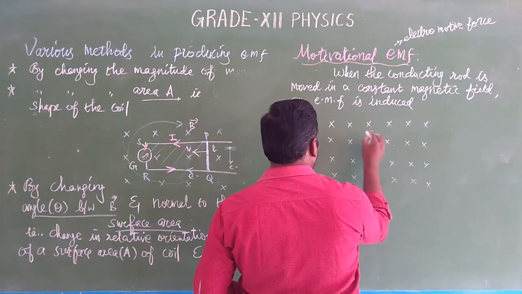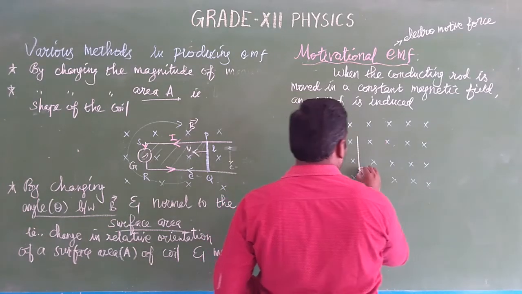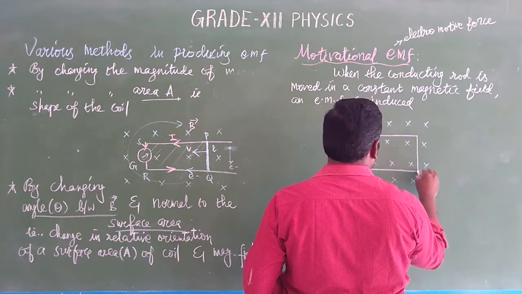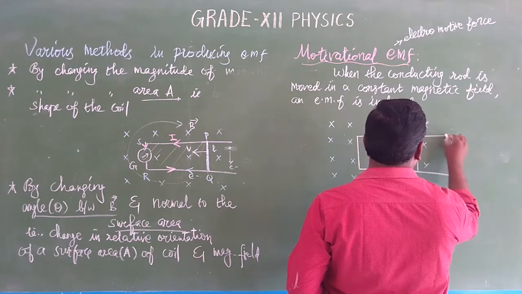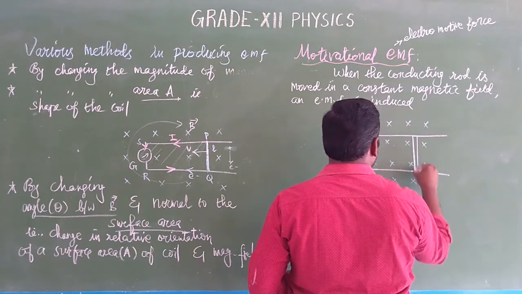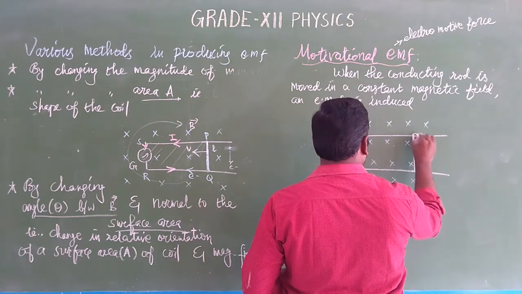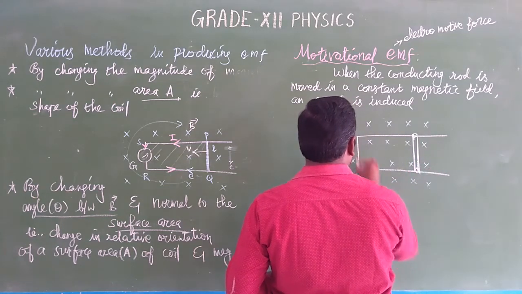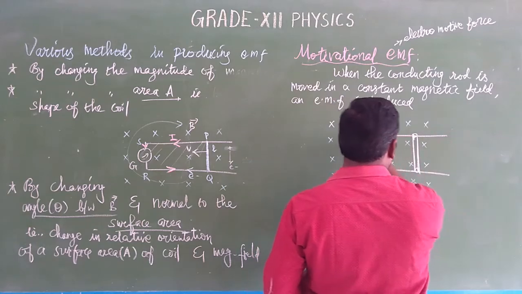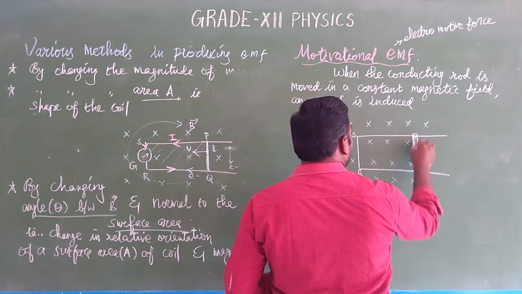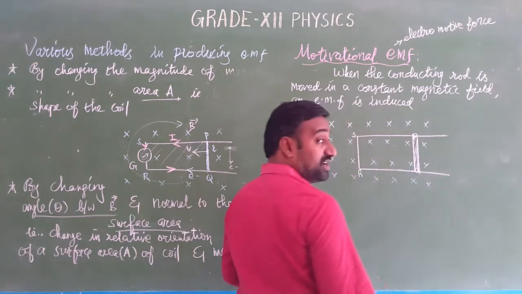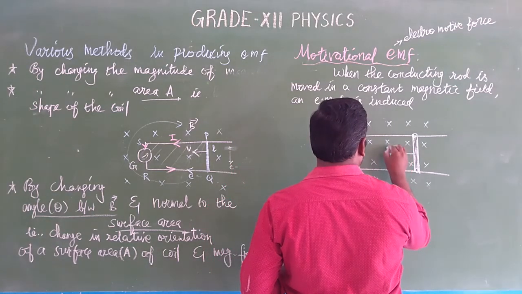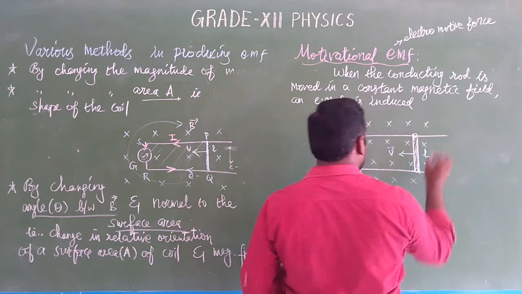And here we have the rectangular armature. So here this is the movable rod PQ, and R and S. This is the total frame. On this frame, the PQ alone is movable, into the plane with the velocity V, having the length L.